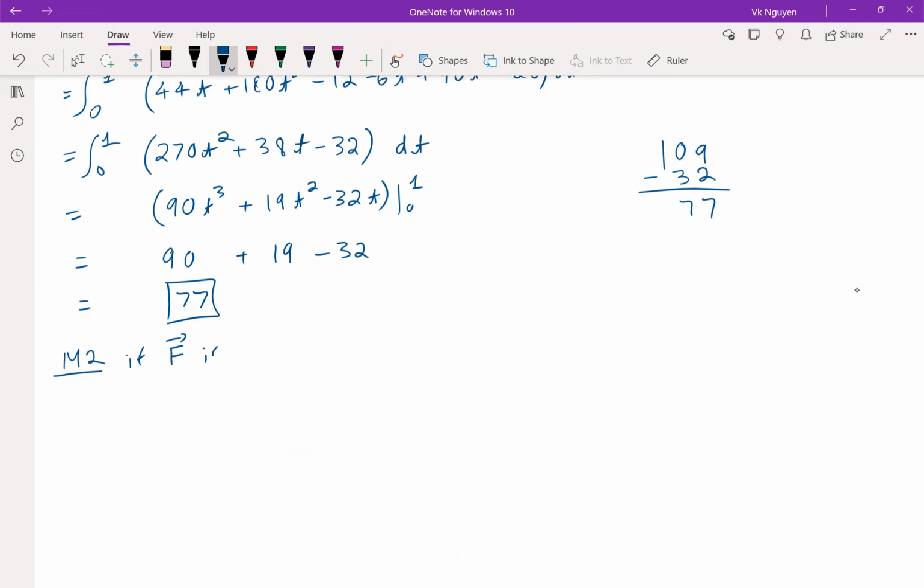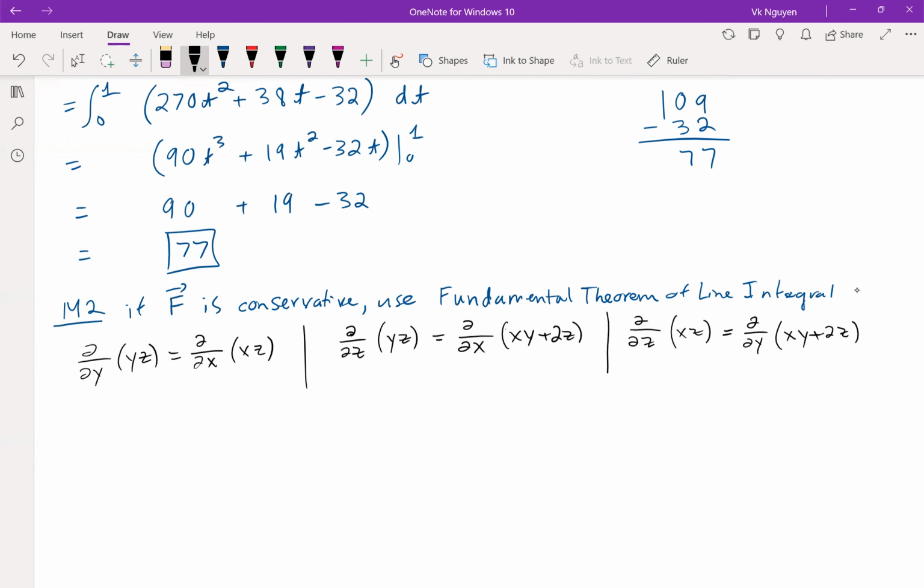If F is conservative, use the fundamental theorem to apply the integral. Three of them. Make sure that they are the same.